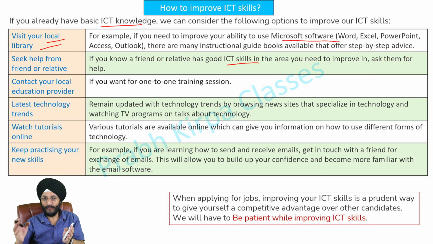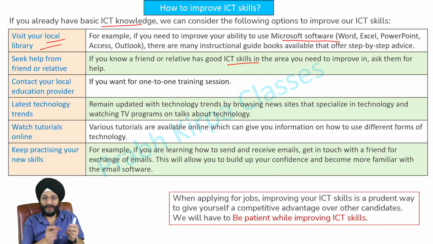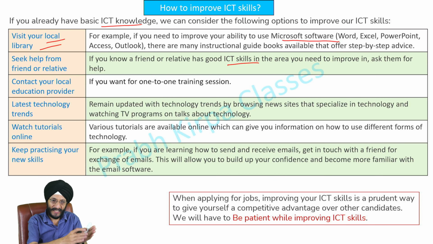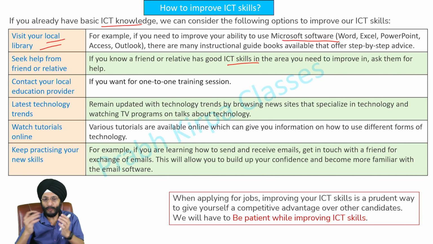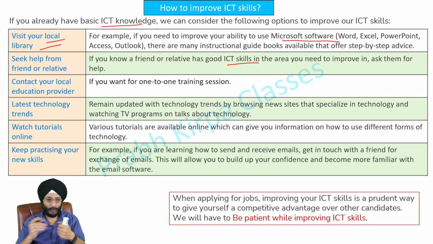For example, if you want to improve in writing letters and using Microsoft Word, and one of your friends or relatives already has the basic knowledge of how to use Microsoft Word, you can approach that friend or relative and ask for help. Or you want to make a PowerPoint presentation and your friend has the knowledge of the same, you can approach him for the purpose.